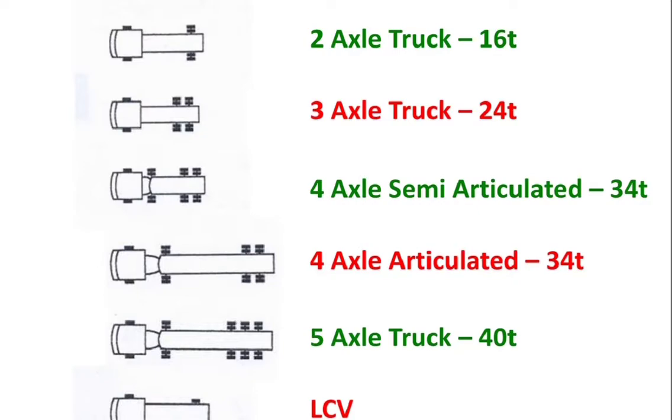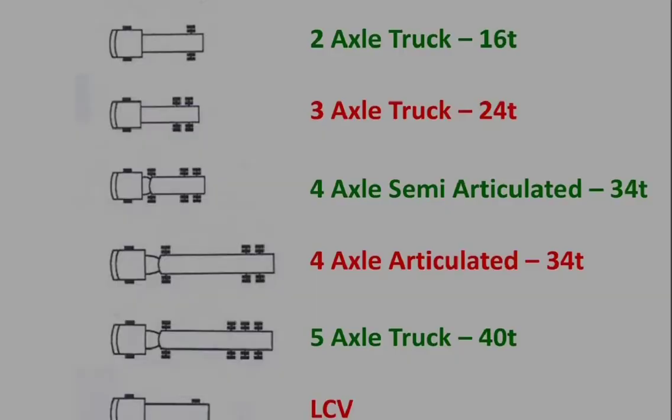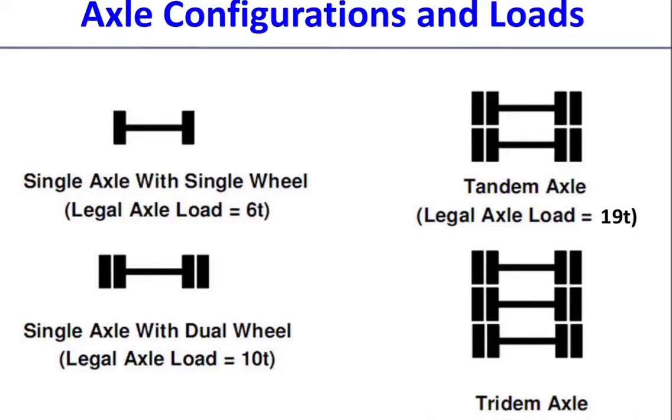Like this, as the number of axles increases, the load is transferred through more contact area through the tires. We are increasing the number of tires, right? So for a single wheel it is not possible, so we are going for the dual wheel assembly. Here you can see a single axle with single wheel, right?